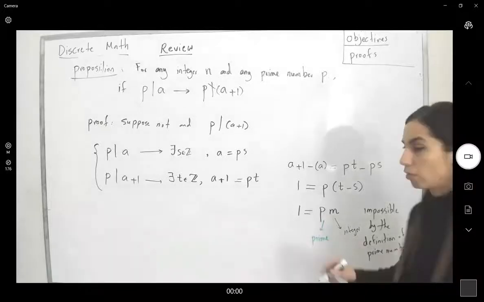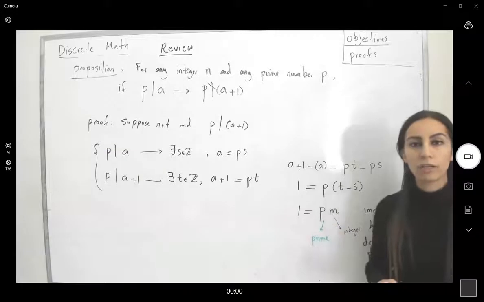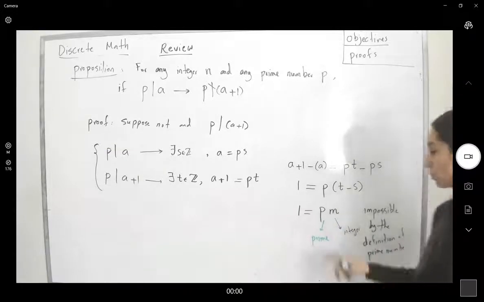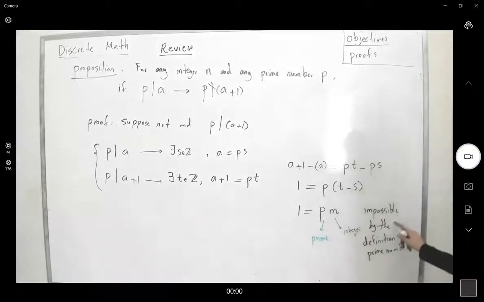Remember that the factors of 1 are 1 and negative 1. But this is a prime number. It is greater than 1. So it's impossible by the definition of prime number.